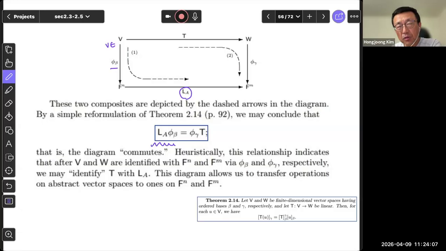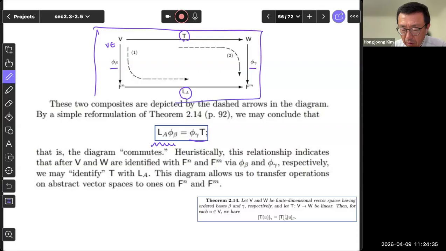But the second approach evaluates the image of V first, and then you consider this standard representation of W using this phi sub gamma. So that is the composite of phi sub gamma and T mapping. Okay, so as I said, this is a very important diagram.